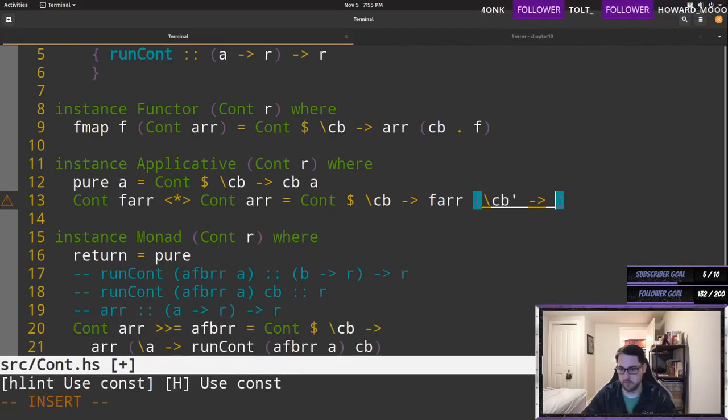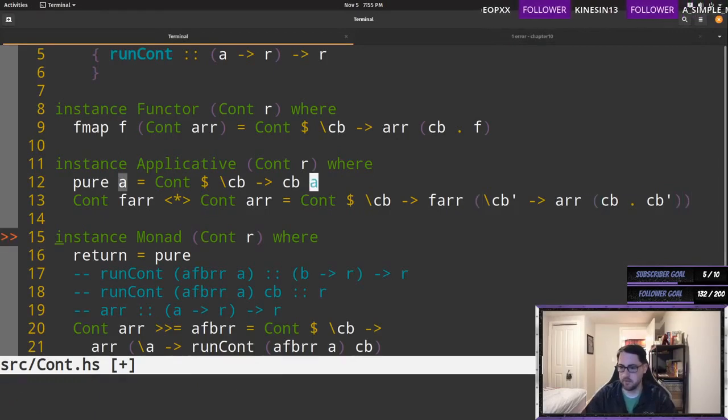So if we have an A to B and a B to R, we can do the following.